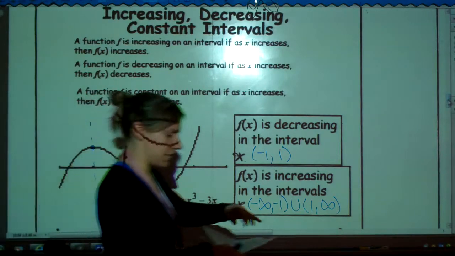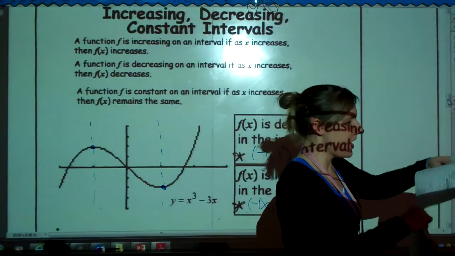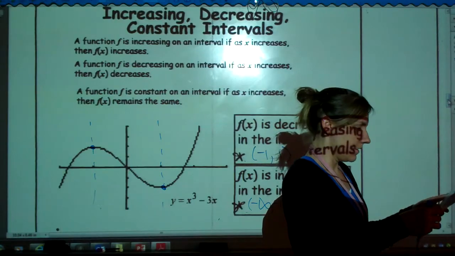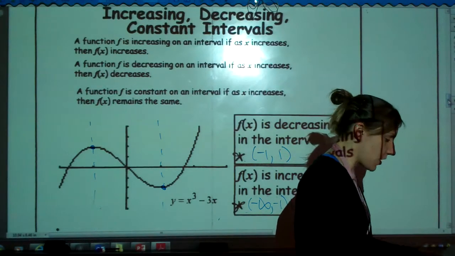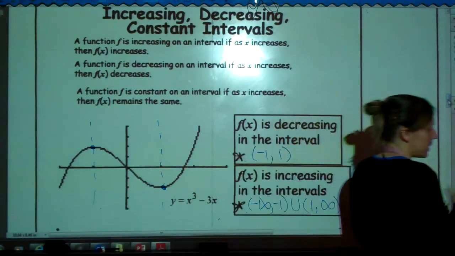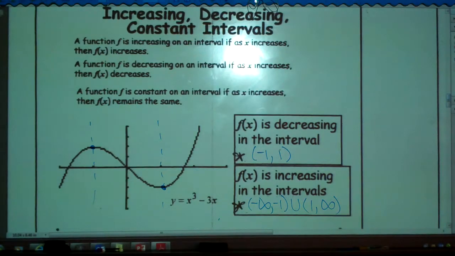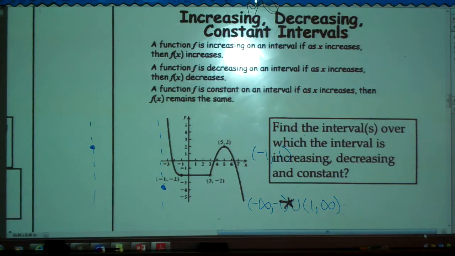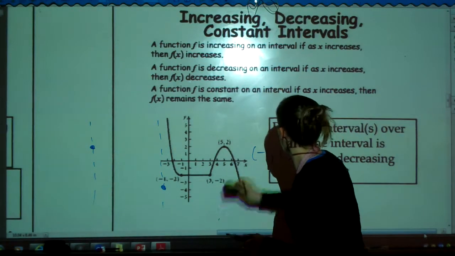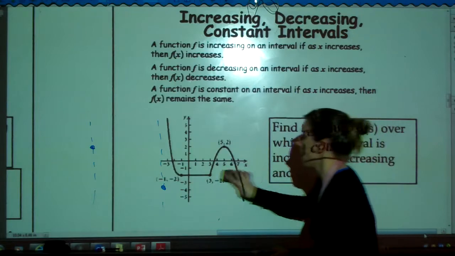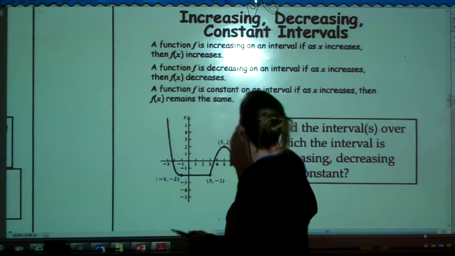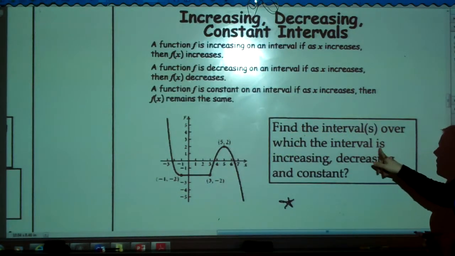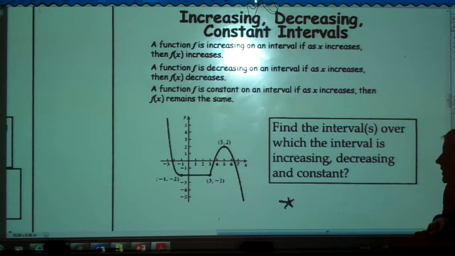All right, let me get one just in case. And then, okay, so again, there's 2 slides for this, and I didn't really mean for there to be. So the question of this is, all right, find the intervals over which the function is increasing, decreasing, and constant.